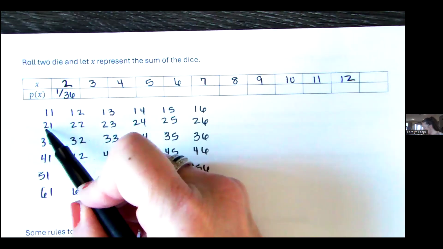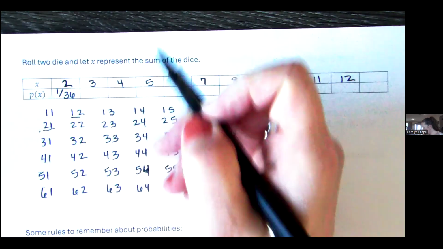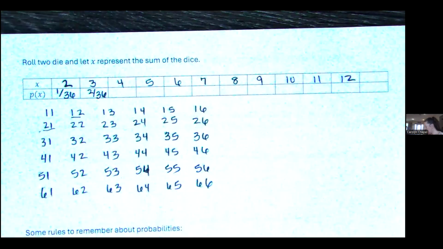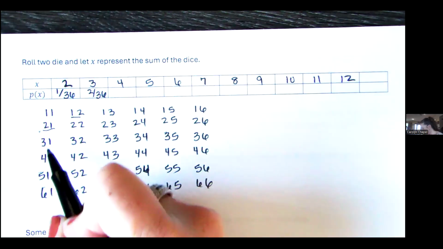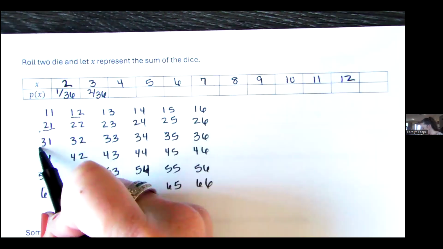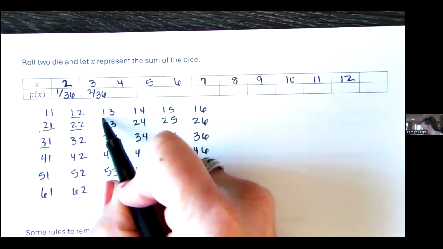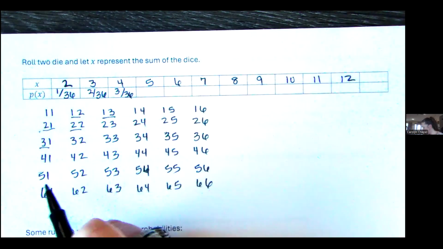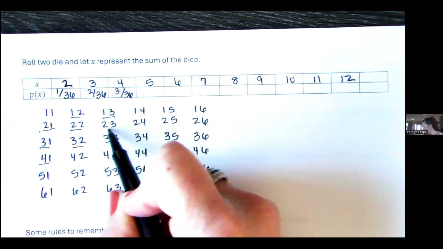Probability of getting a 3, well, then my 3 is here and here, so that's 2 out of 36, which I could reduce. I'm not going to in this video, but you could reduce them. Getting a sum of 4 is 3. You'll see that those sums are along the diagonals.